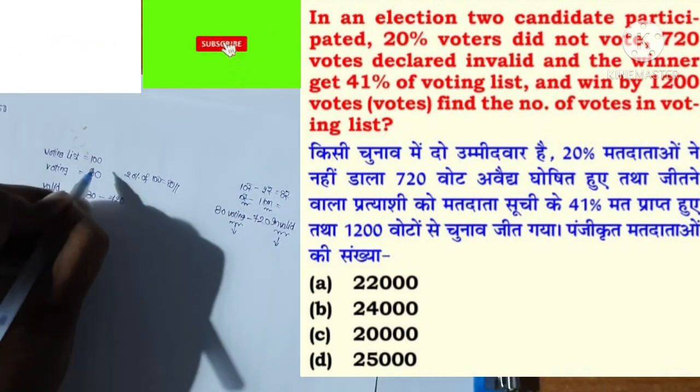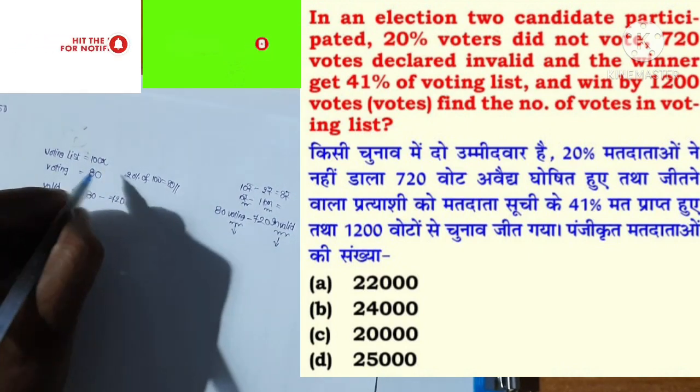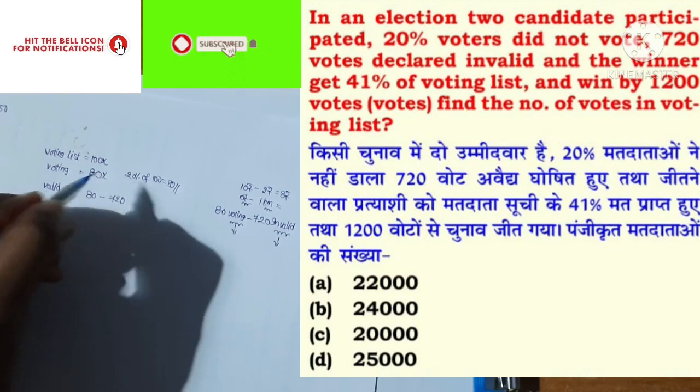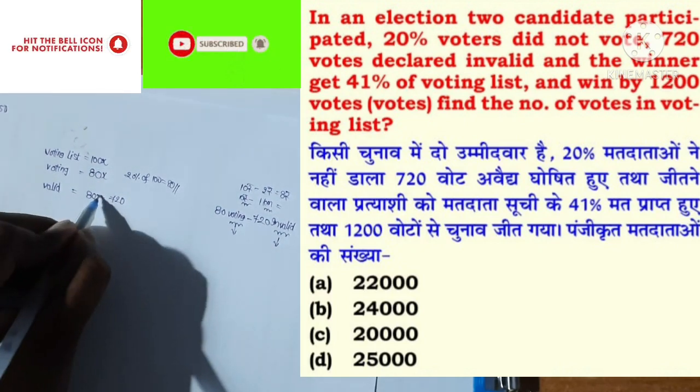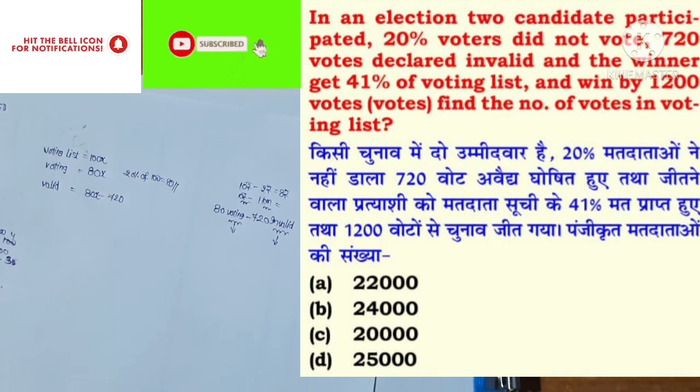So take voting list is 100x, voting is 80x, valid is 80x minus 720. The winner will get 41% of the voting list.